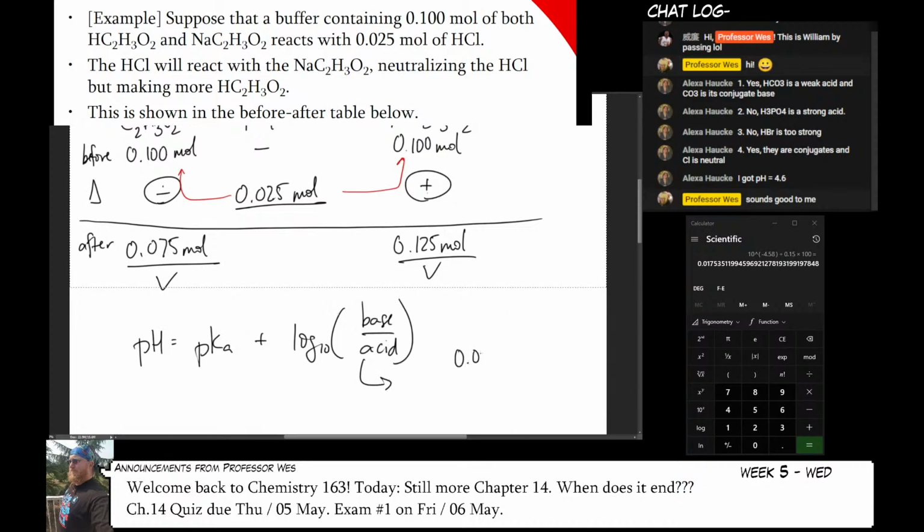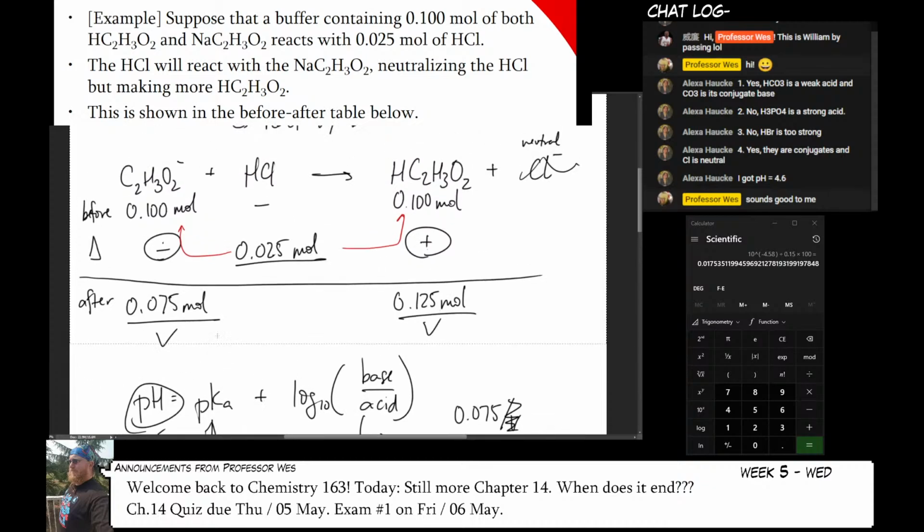Well, here's my base over the acid. Oh, look, they cancel out. So if you just want to put in moles in there, you could totally do it. The volume's not going to change it. And then we just look up whatever the pKa is, and we can solve for the pH. So that's easy enough to do using this before-after stoichiometry table.